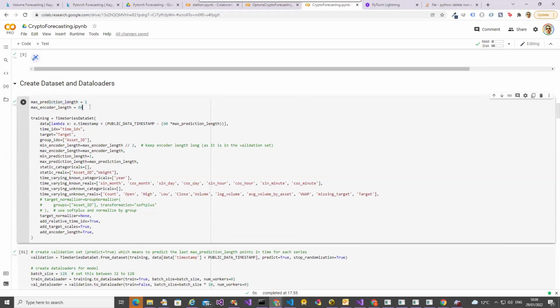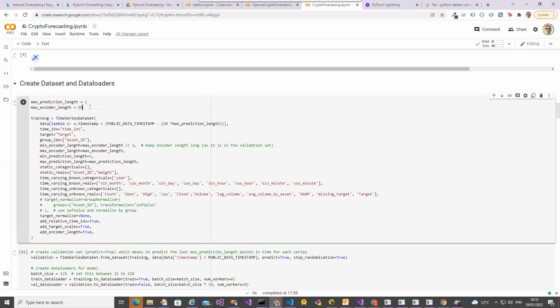I haven't submitted or run it yet, but looking at the paper itself, they have a retail competition in which they choose the prediction length to be 30 and the encoder length to be 90.